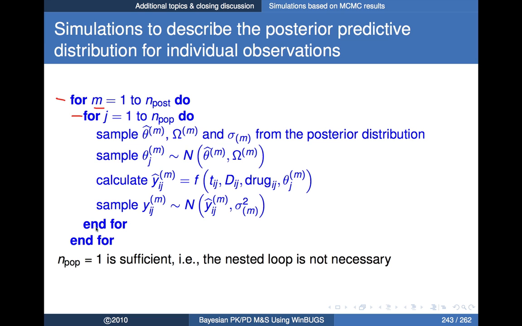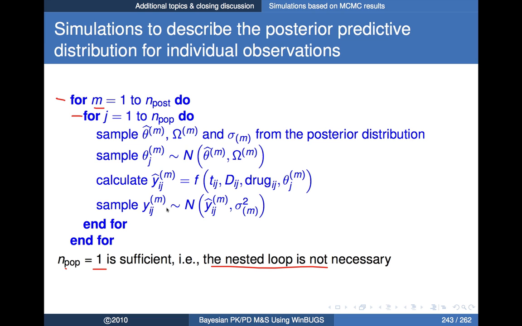I'm saying here that for these kinds of simulations, when n post is fairly large, just doing an n pop equals 1 is sufficient for this simulation. You don't really need a nested loop in here, but you could do a nested loop. Now this is very specific to the case we're talking about here, where we're going to simulate posterior predictive distributions for individual observations.